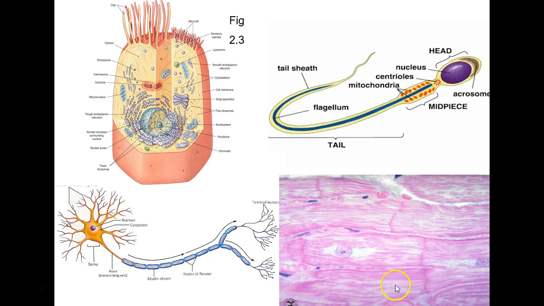There are little stripes, although you can't see them very well right here. Those are called striations, just like skeletal muscle has striations. And they're running in the same direction as these intercalated discs, but you just can't see them very well. So cardiac muscle is involuntary. It's singly nucleated. It's striated. Okay. So it's involuntary, not under your control.